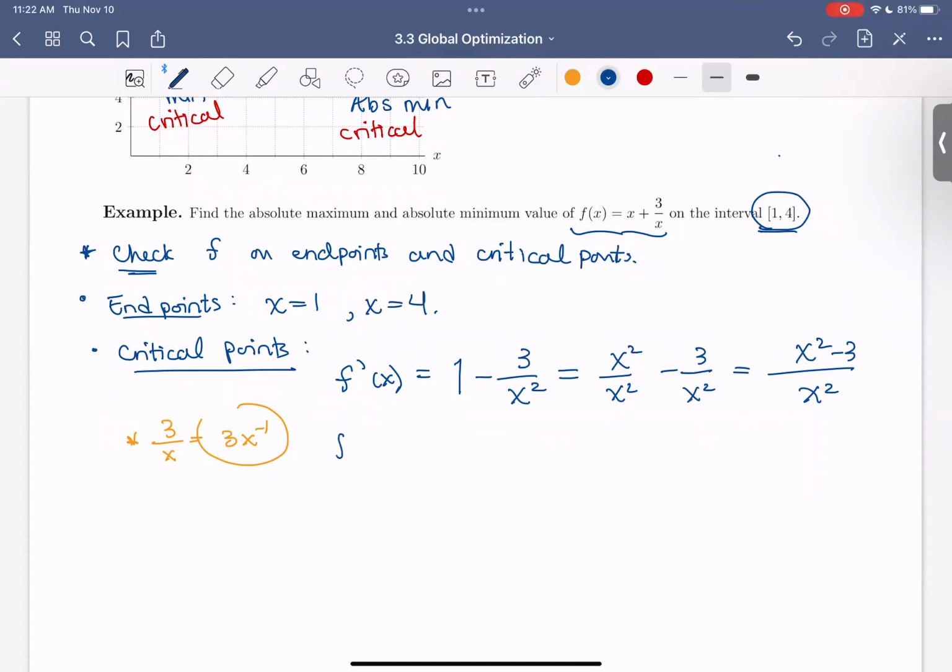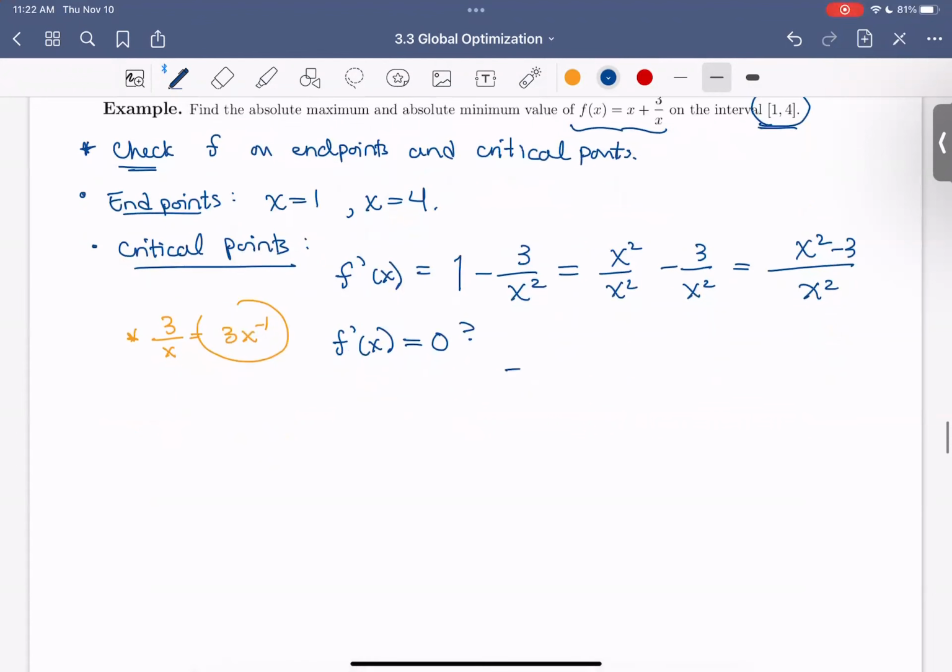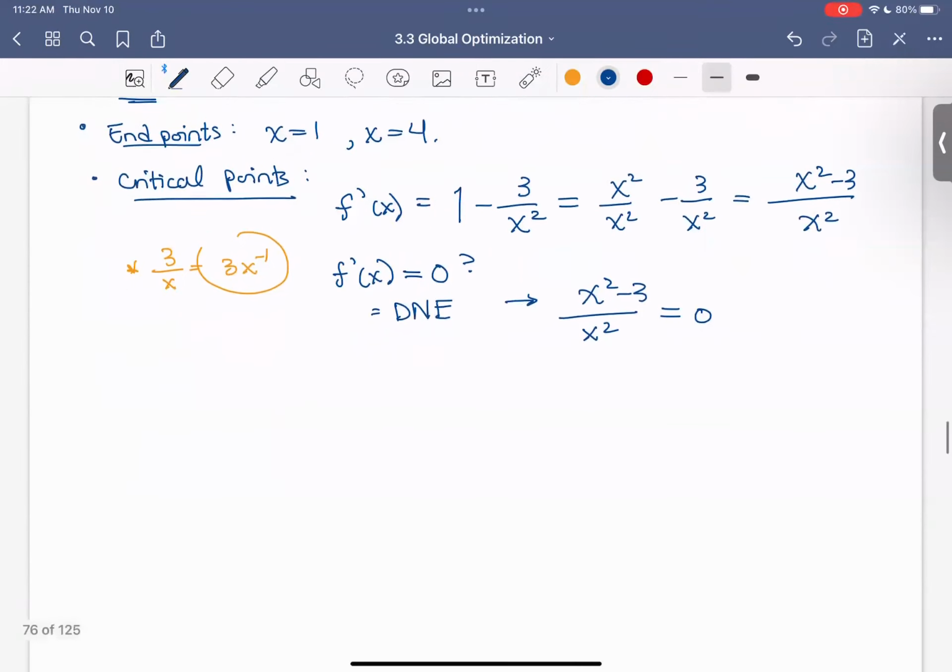Now we need to check where the derivative is equal to 0. That means I want to set x squared minus 3 over x squared equal to 0. Let's also recall that we want to know at what x values the derivative is undefined, so we have those two options. x squared minus 3 is equal to 0 when the numerator is equal to 0, so x squared is equal to 3, and then x is equal to plus or minus the square root of 3.